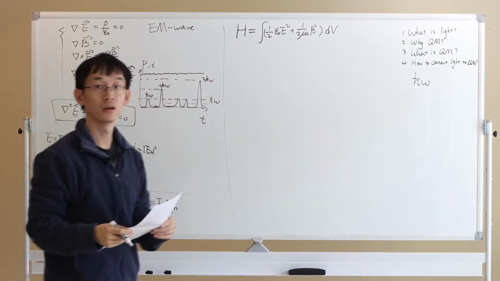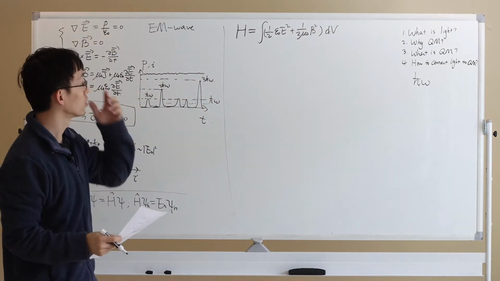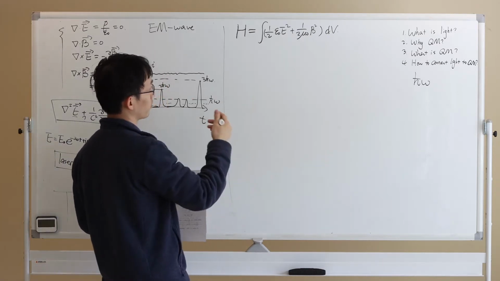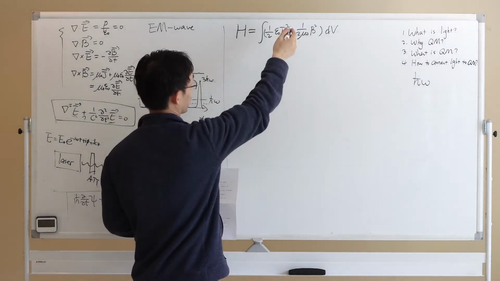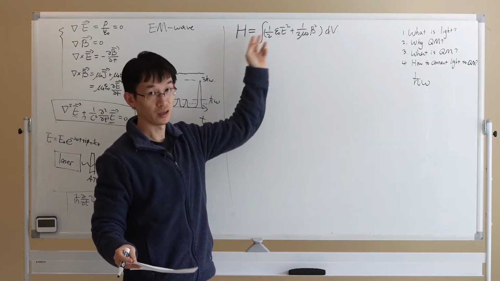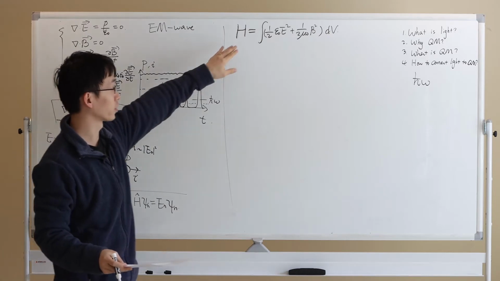So for a plane wave, you can write down what E is, then use the Maxwell equation to write down what B is, and then do this integration, and you will get the energy.